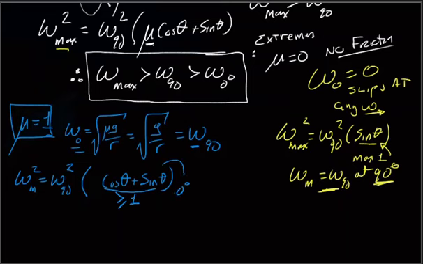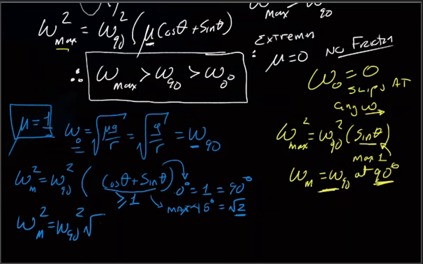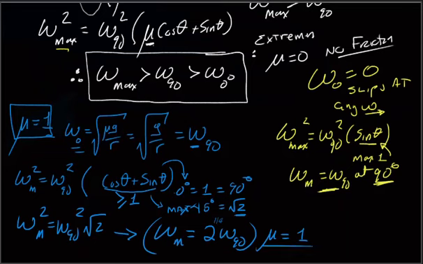At 0 degrees, this is 1, and it's the same at 90 degrees, and it has a maximum value at 45 degrees of the square root of 2. So if we plug that in, we get omega max squared is equal to omega 90 squared times the square root of 2. Therefore, omega max is equal to the fourth root of 2 times omega 90 for the extreme case of mu equal to 1.